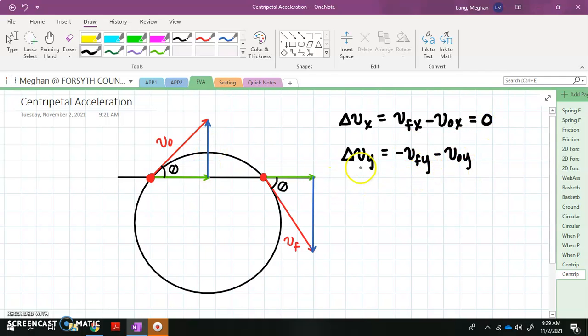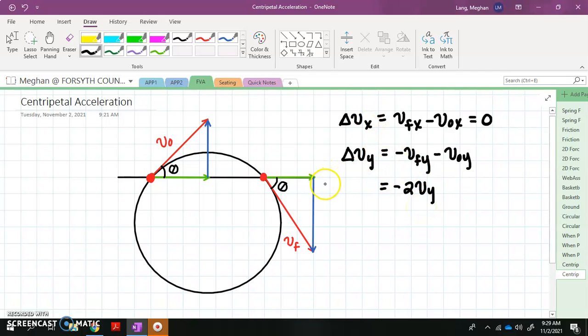Now, if everything for the x's were the same, then everything for the y's are also the same, except I have this nice negative here. That ends up making them subtract from each other and become a negative 2 vy. I've dropped the final and dropped the initial because they have the same magnitude, and now I have negative 2 of that value.